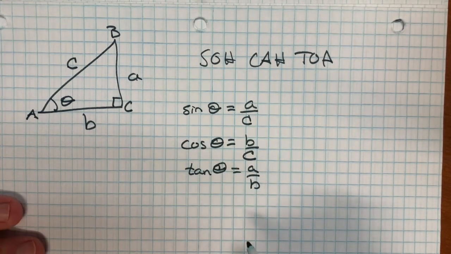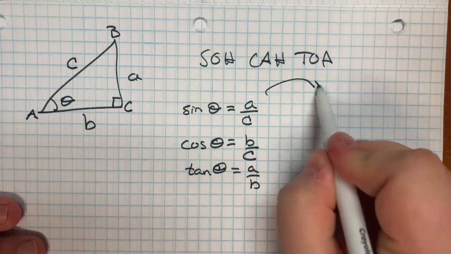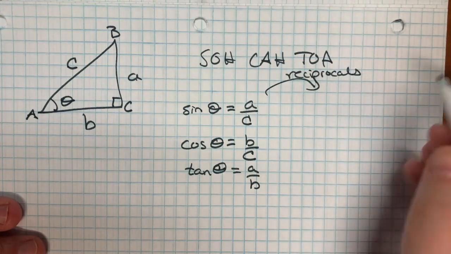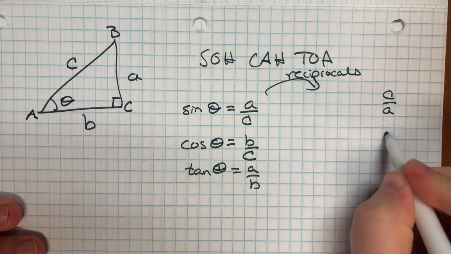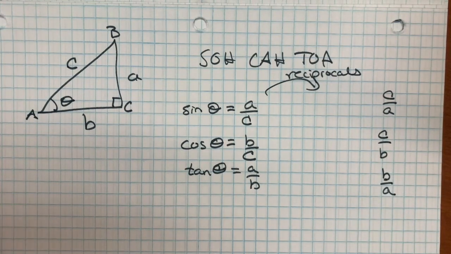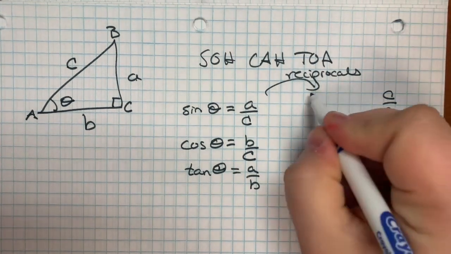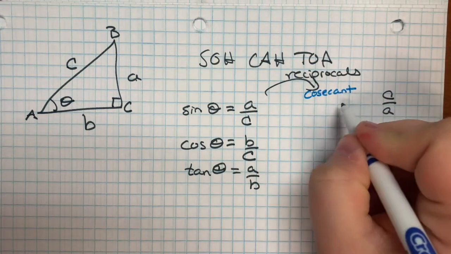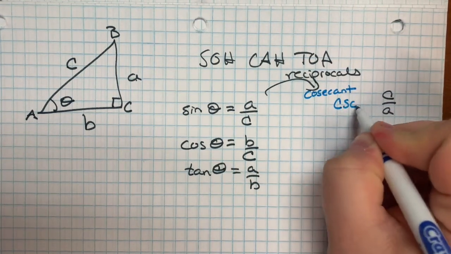We could also look at these reciprocals: C over A, C over B, and B over A. Now those functions have their own names. This one is called the cosecant, which we abbreviate CSC of theta.